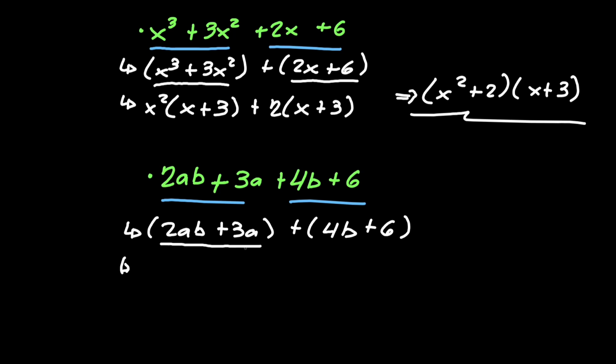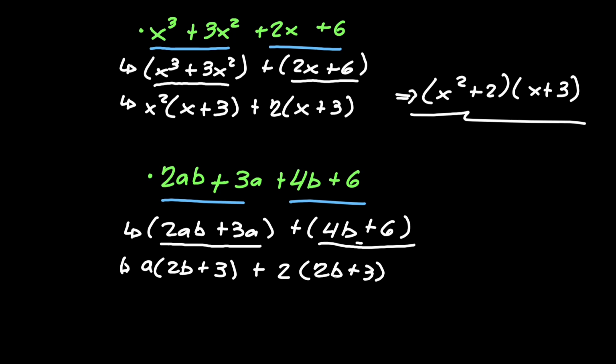Factored form of 2ab plus 3a would be a multiplied by 2b plus 3 plus the factored form of 4b plus 6 would be 2 multiplied by 2b plus 3. So the final answer here would be a plus 2 multiplied by 2b plus 3.